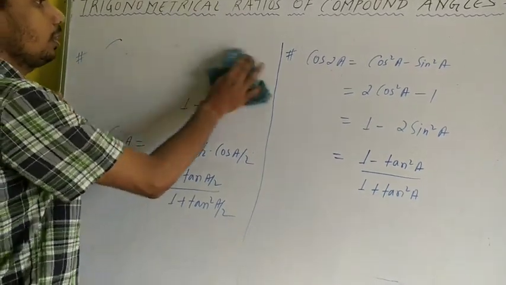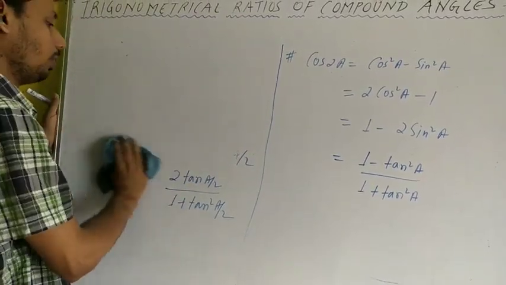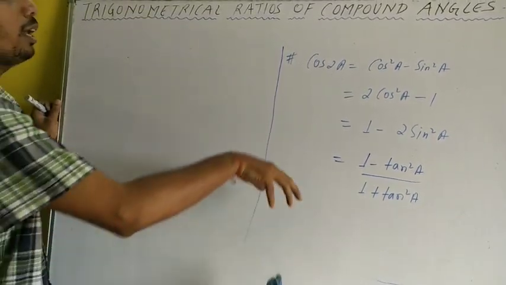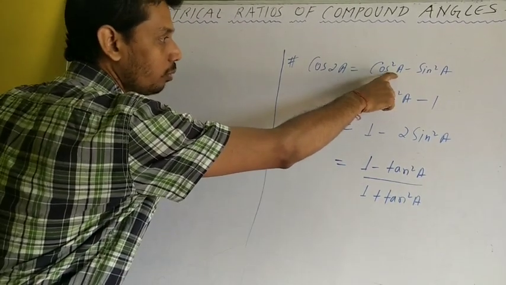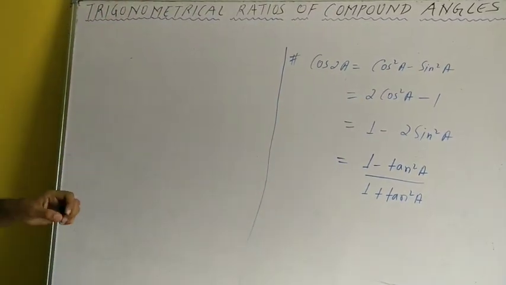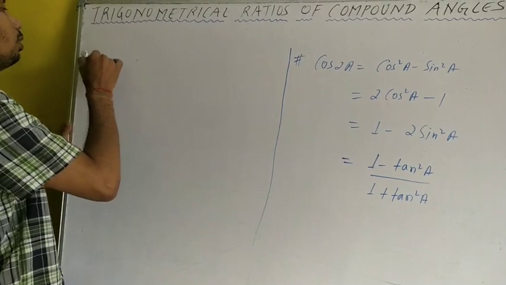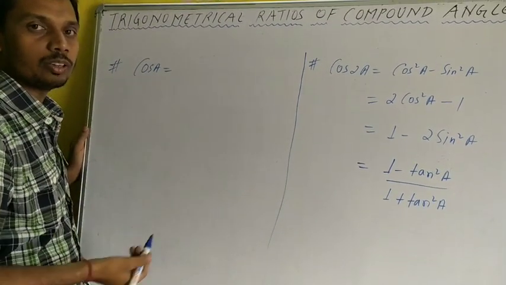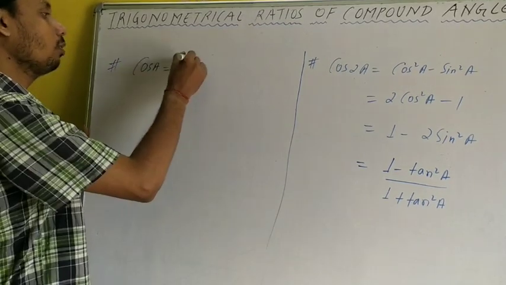Now after cos 2a, what we were discussing just now is that whatever angle is there, we have to take just half of it; as 2a was here, we have taken a. Suppose that in place of cos 2a, cos a is there. Then how will we express this cos a in terms of sine and cos?